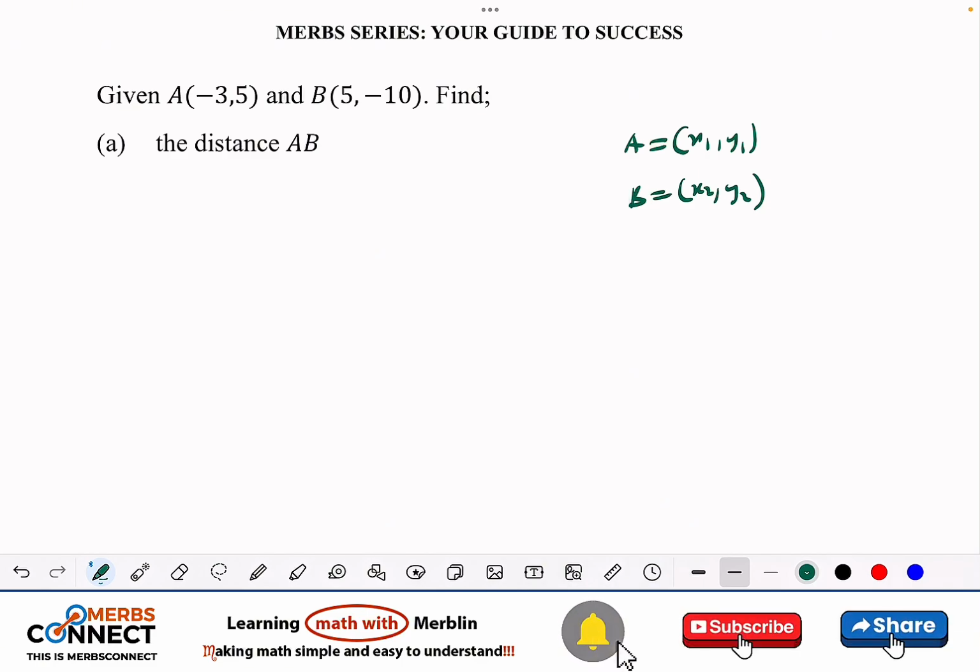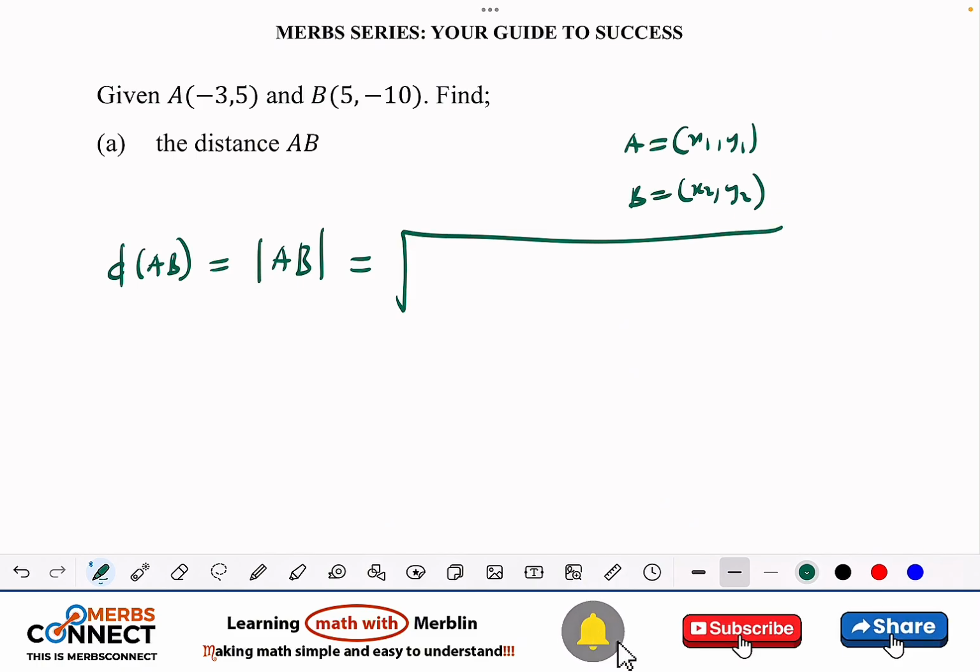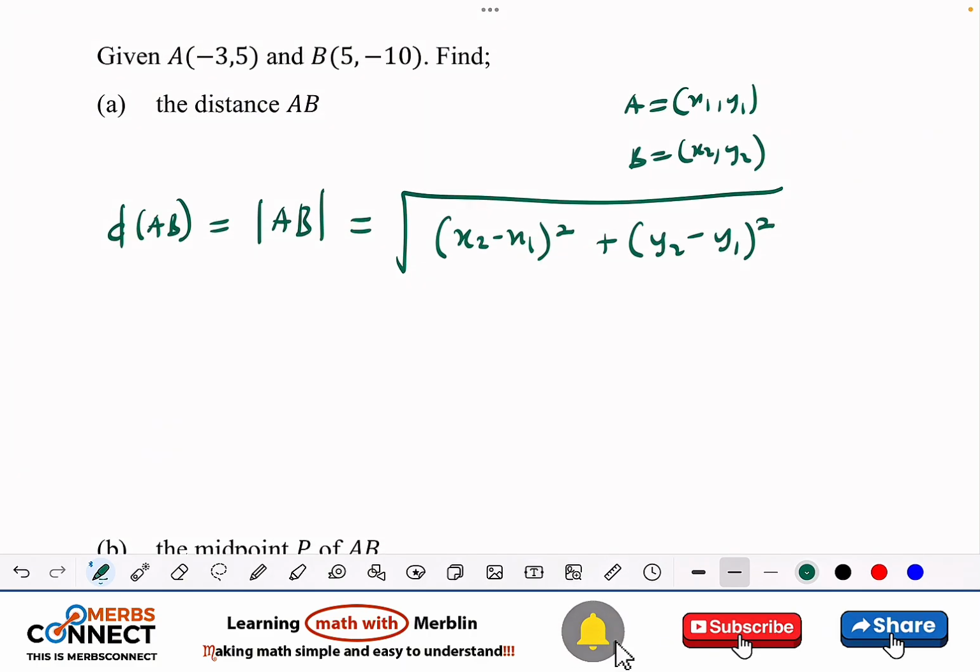We learned that the distance between A and B, which is the same as the absolute of AB, is equal to... So you see, the reason why I'm saying that knowing the formulas is very important. It means that this question, if you don't know the formula for finding the distance between 2 points, then you cannot do it, right? So this is going to give us the root of x2 minus x1 squared plus y2 minus y1 all squared. So this is what you are going to get.